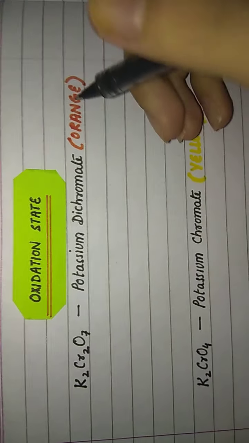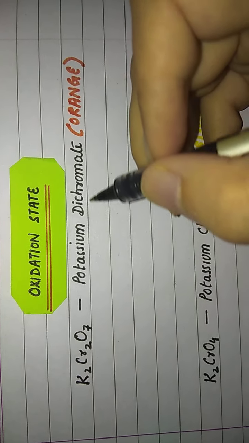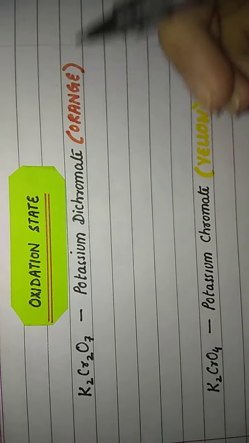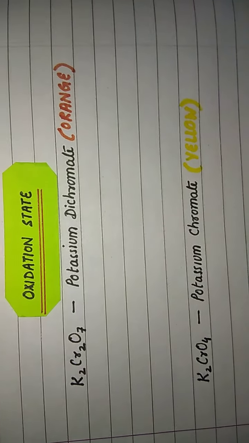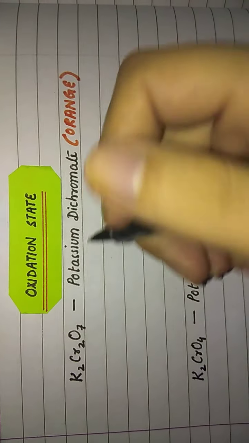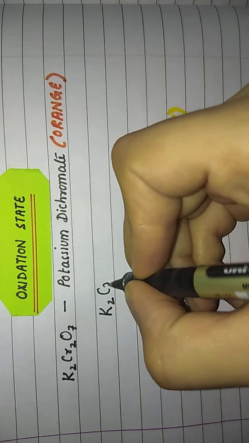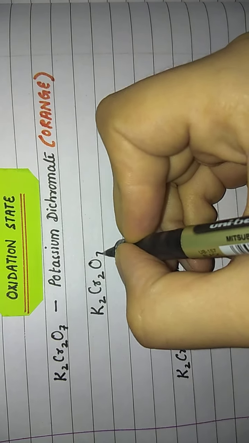The next example that we have is potassium dichromate. You are again familiar with this compound. In class 10th you must have heard about it, potassium dichromate, which is a very good oxidizing agent. This is an orange colored compound. Now the formula is K2Cr2O7.